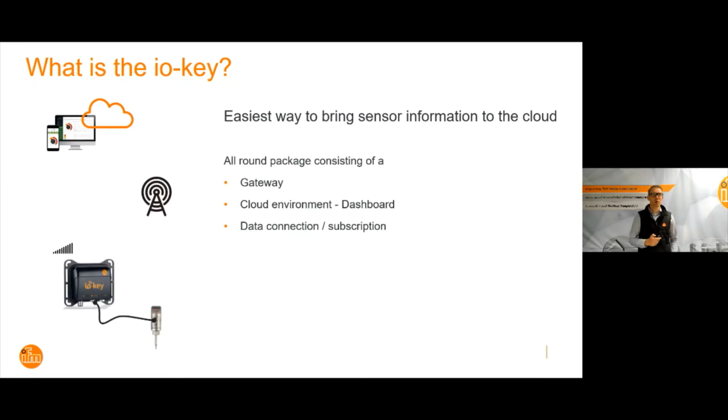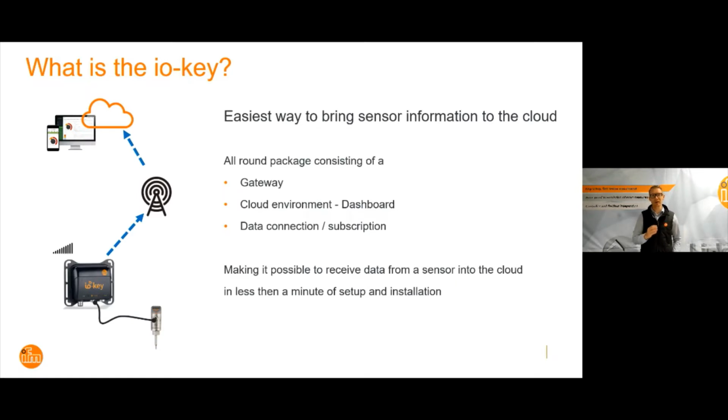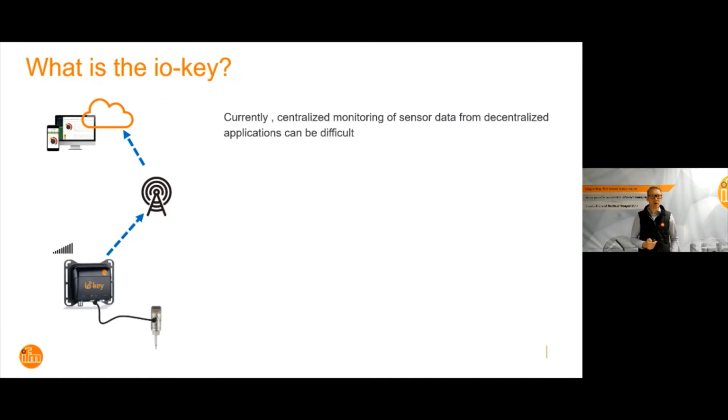And lastly, what is very important is a data connection or a subscription so that the Ioke can actually transmit this data up into the cloud. So these 3 components make it possible to receive data from a sensor into the cloud onto a dashboard in probably less than a minute of setup and installation. I'm going to try to show you why it takes less than a minute of setup and installation to actually utilize the Ioke for applications.